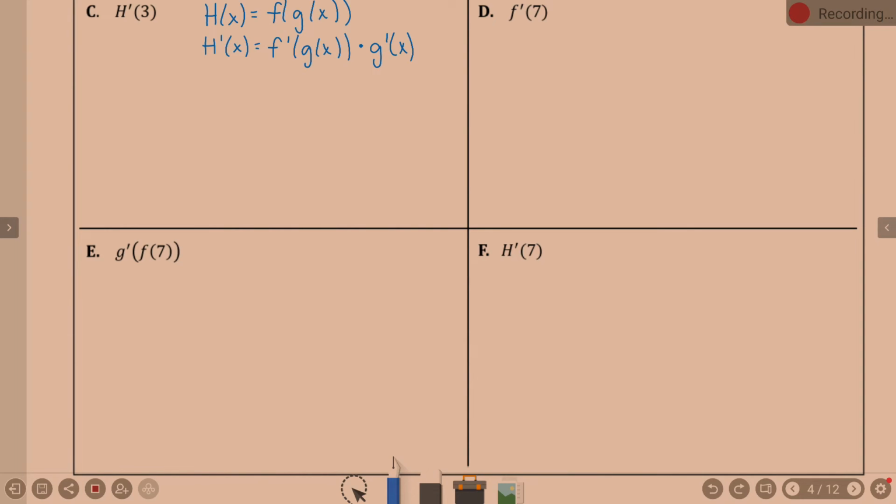So because h is defined to be this f of g of x, in order to find the derivative at 3, we have to find the derivative of h. And so then we can do h prime of 3, so f prime of g of 3 times g prime of 3.